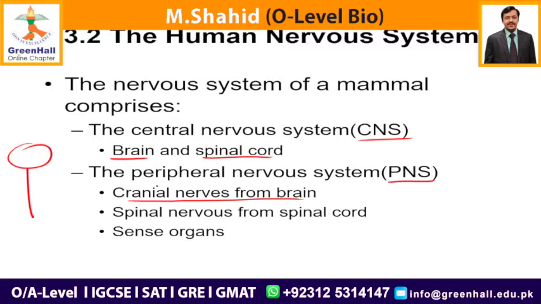Cranium is the term used for the bone that protects our brain. So all either sensory or motor neurons that originate from the brain are called cranial neurons, and collectively they are called the nerves.